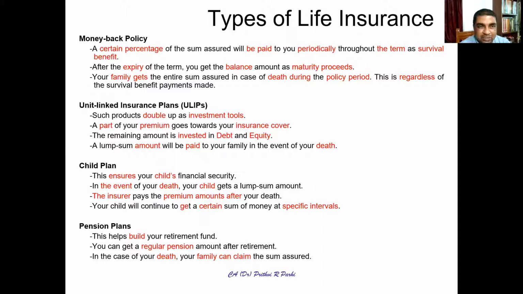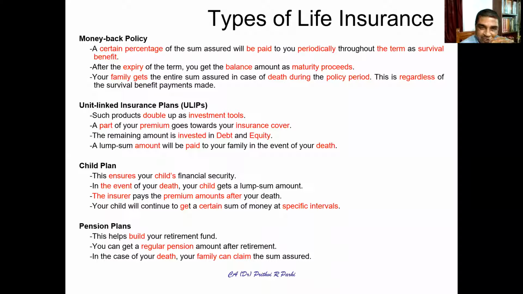Next category of policy is unit linked insurance plans, or ULIPs. This policy has two components. One is an investment tool. Secondly, it has life coverage also. Part of the premium goes towards insurance coverage and part of the premium goes towards investment. The investment part is invested in various types of units of mutual funds.